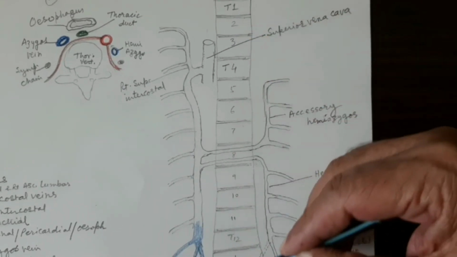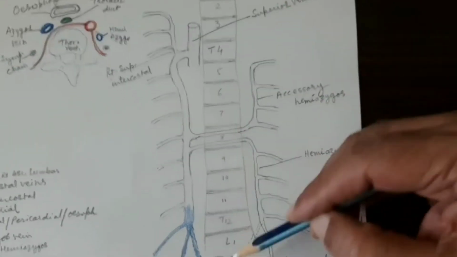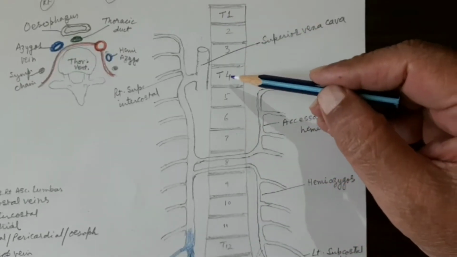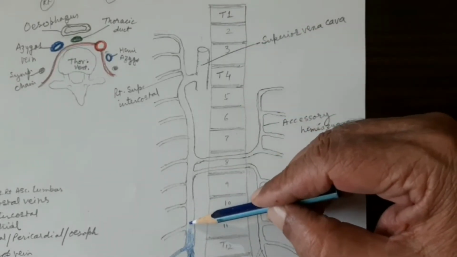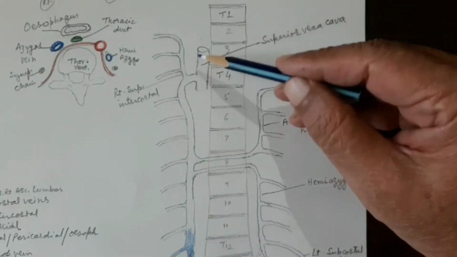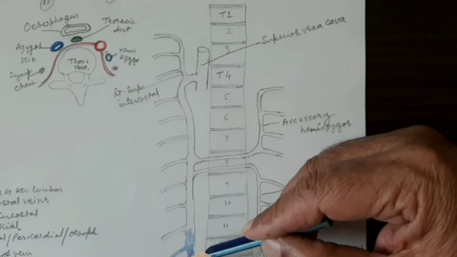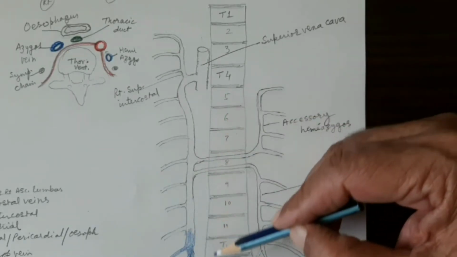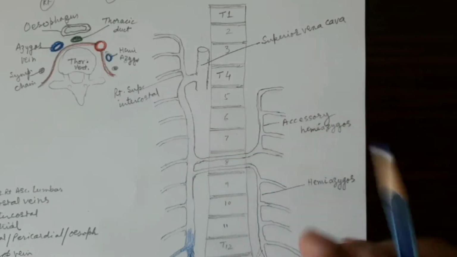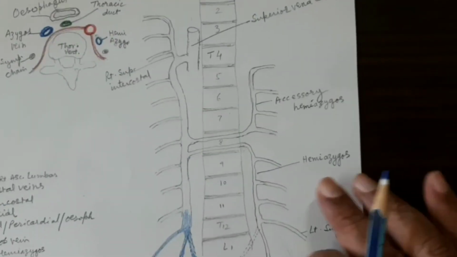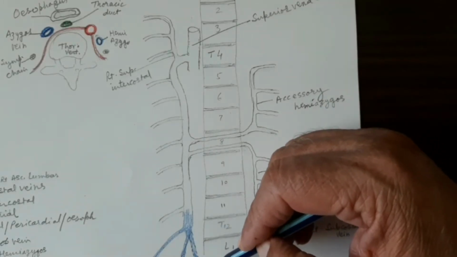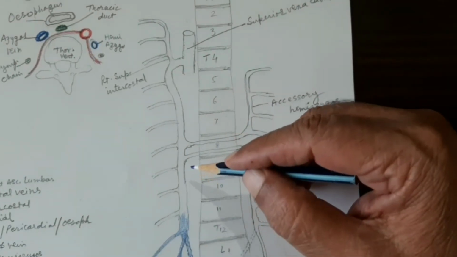This vertebral column, which is from T1 to L1, will not show any relation, because this azygos vein lies in front of the vertebral bodies, though I have drawn it on the lateral side, but on the right margin of the vertebral column this azygos vein lies, right? So this was the formation of the azygos vein.